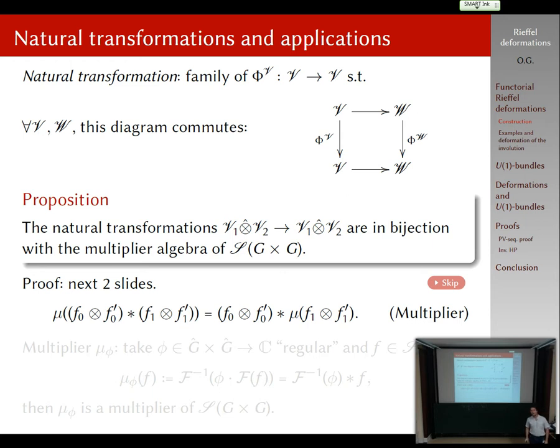There is an "of" missing. The notion of multiplier that I use is here. It's really for pairs of vector spaces, V1 and V2.